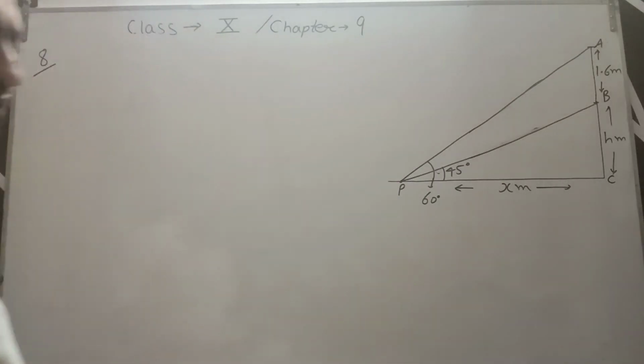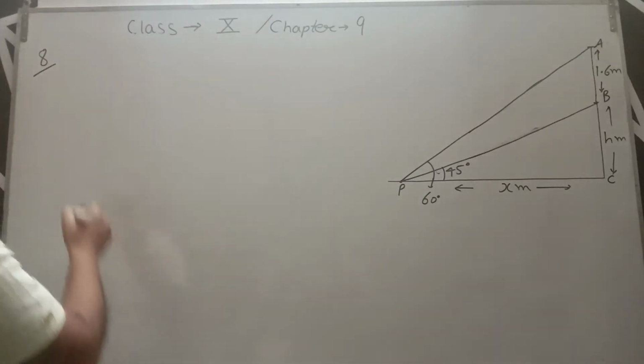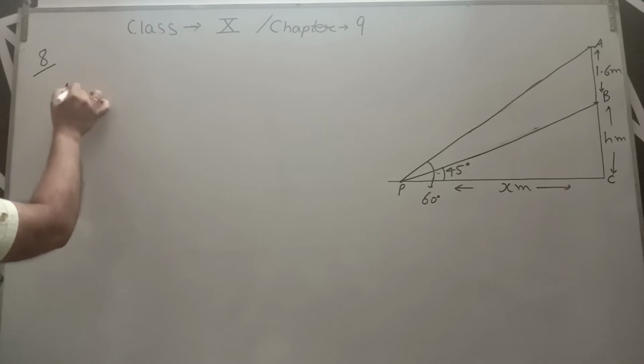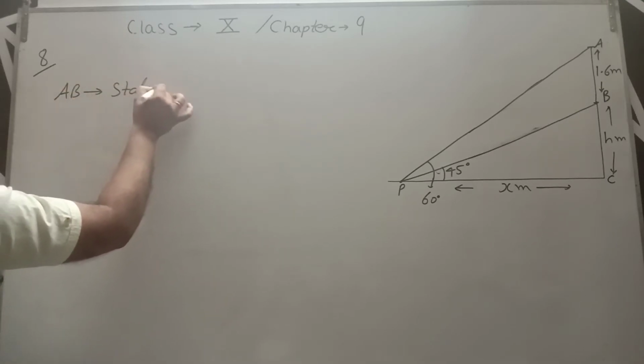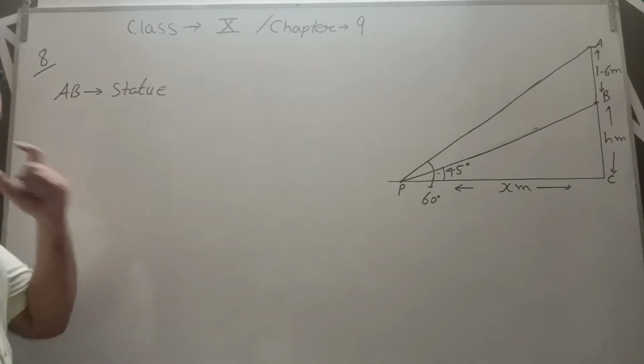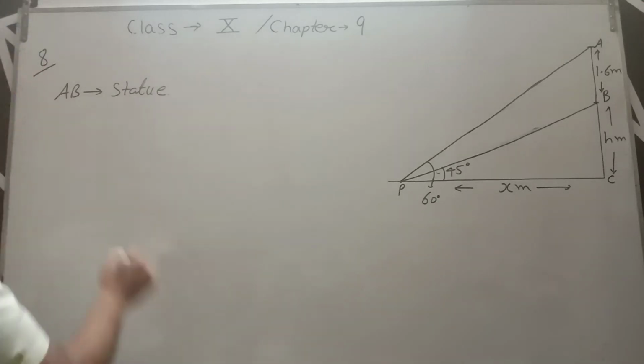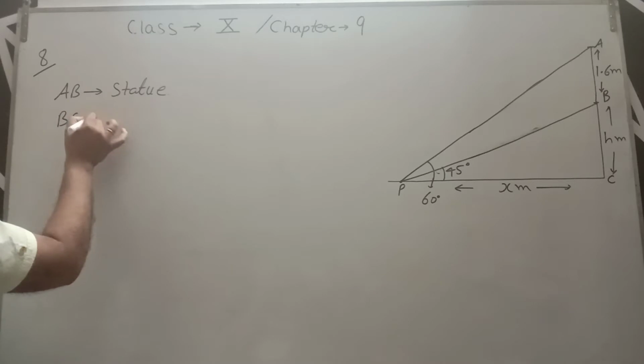Firstly, we describe the figure. In the figure, AB is statue. इसमें AB statue है and the BC is pedestal.